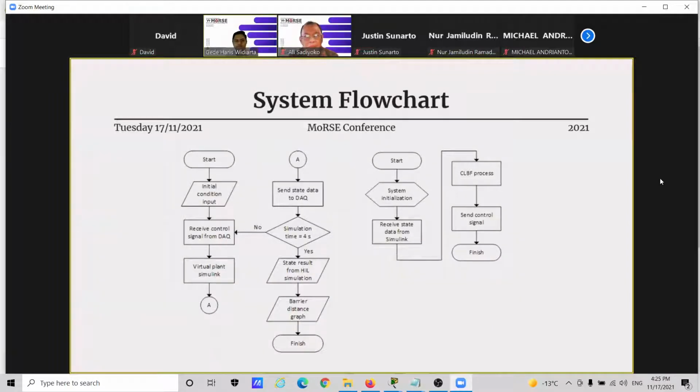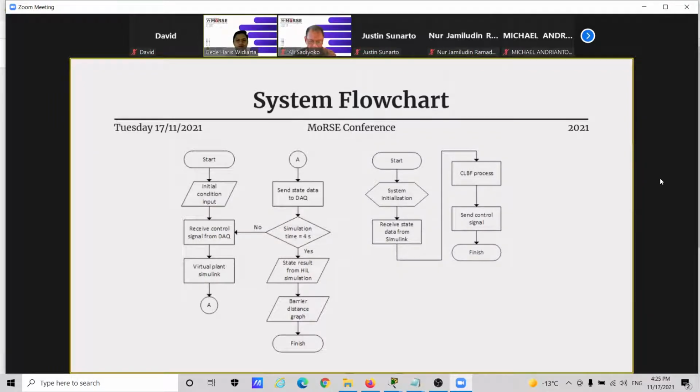Here's the system flow chart. On the left side is the virtual plant on Simulink flow chart, and the right side is the Arduino as the actual control flow chart. So we begin with the left side first. The first step to run the HIL simulation is to enter the initial condition value. Then the virtual plant in Simulink is run.